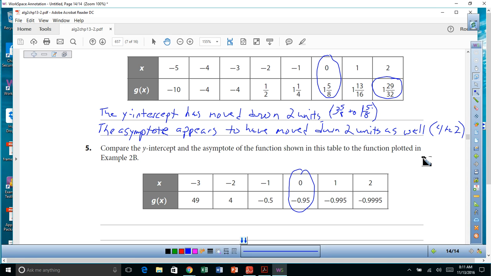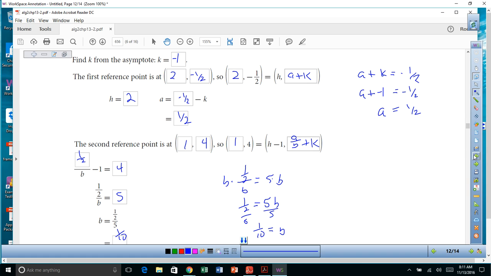Example 2b. Yeah. See, we were. Let's go back. You go back up. That's up there at the top.